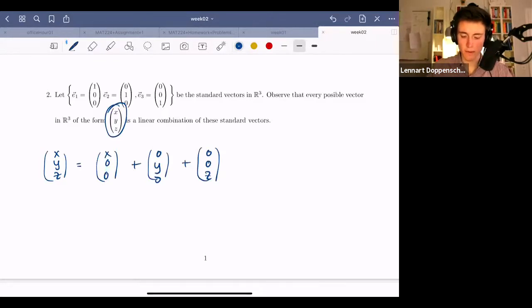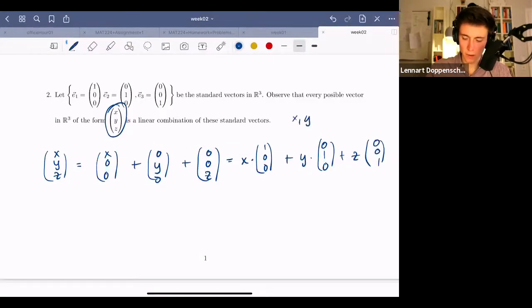And now we can even further decompose this as x times (1, 0, 0) plus y times (0, 1, 0) plus z times (0, 0, 1). Of course, here x, y, and z are just real numbers.